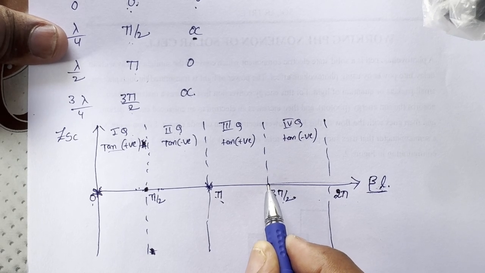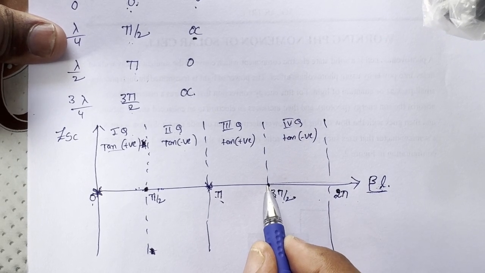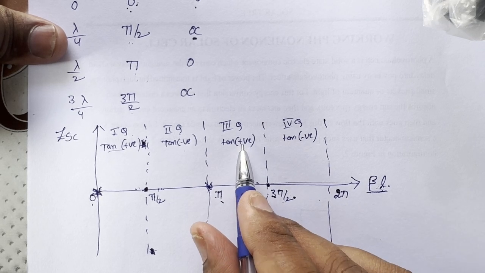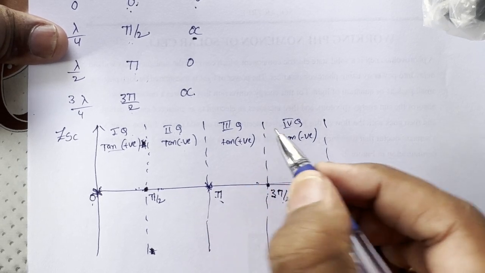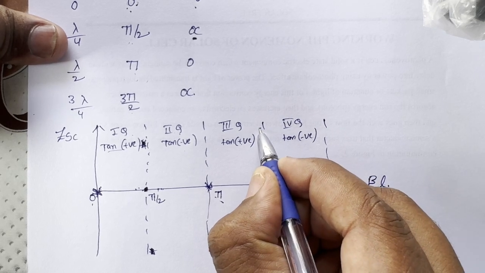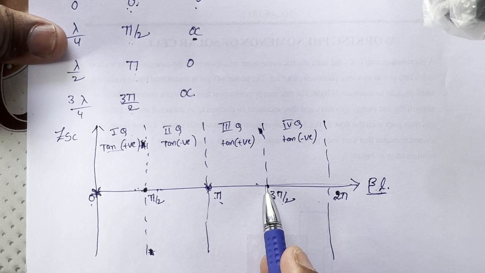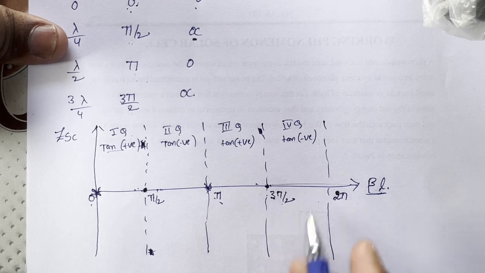Again at this point, that is infinity. When the value is less than 3 pi by 2, it will be the third quadrant. In the third quadrant, tan value is positive. When it is greater than 3 pi by 2, tan value is negative.